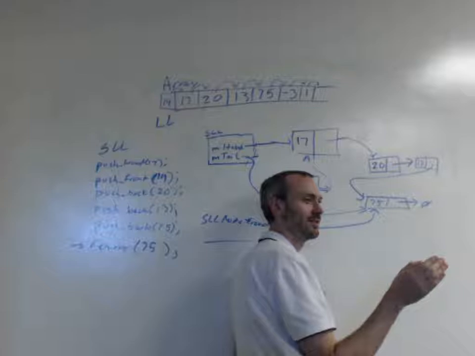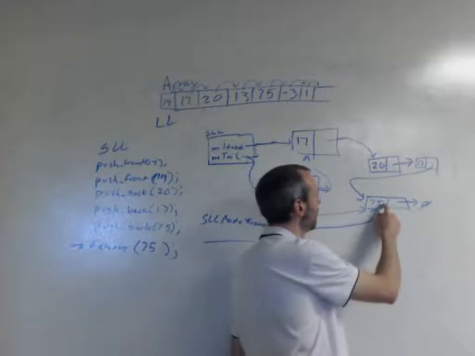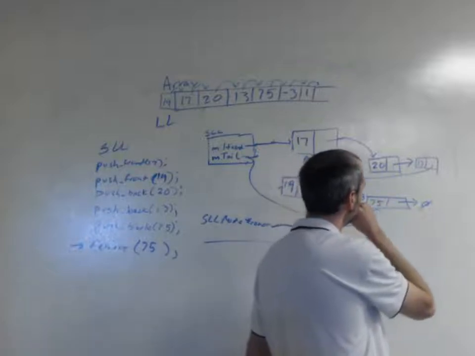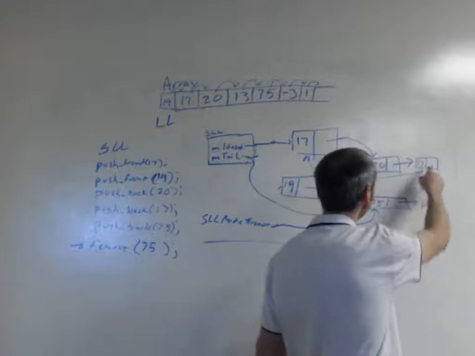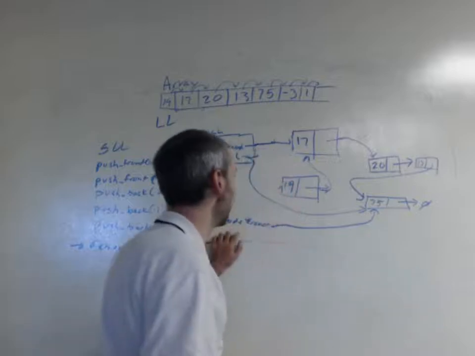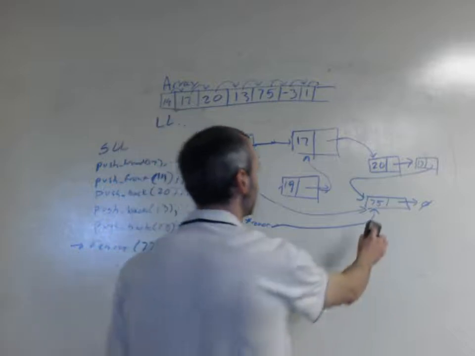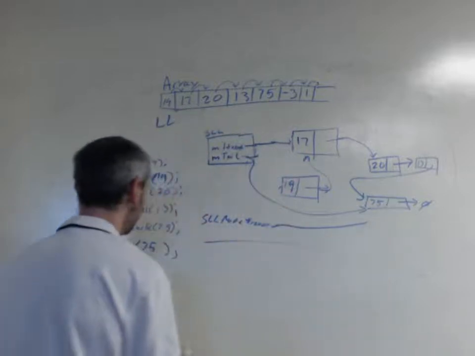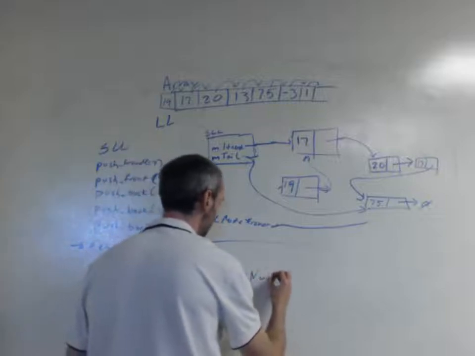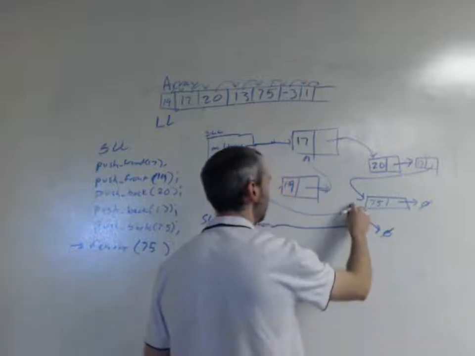So does anyone have an idea what we could do instead? You make 75 a null. Instead of having a value, just make it a null. I mean, we could have a point to null, but then you'd have 13 still pointing to a 75 that's out there somewhere, because you only have this guy who points here. If you set rover equal to null, like you type it in this piece of code right here, all it's doing is this.